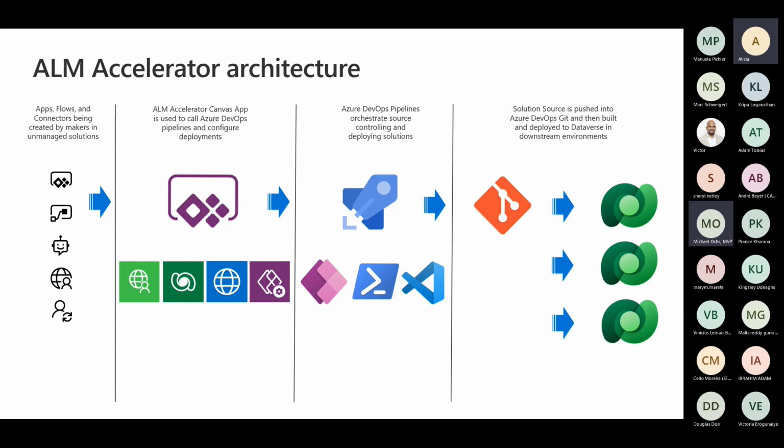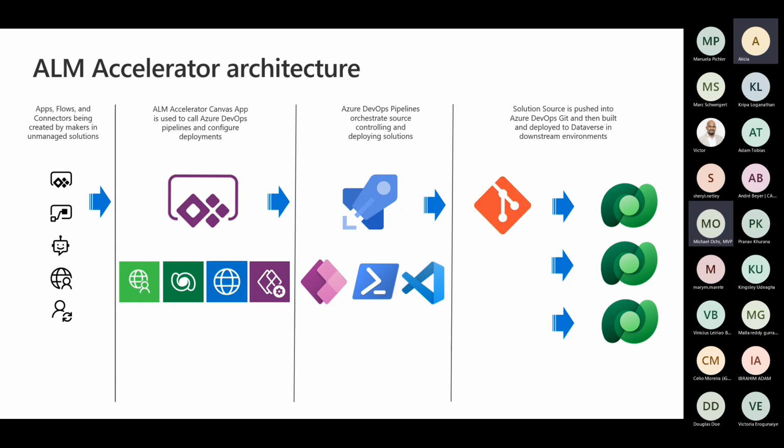So having, what did you say, 10 solutions, being able to deploy those on a monthly basis, and having release notes and closing out issues associated with those releases, as a manual task, that was a bit too much to do manually, and the ALM Accelerator was built specifically to help release the CoE Starter Kit.